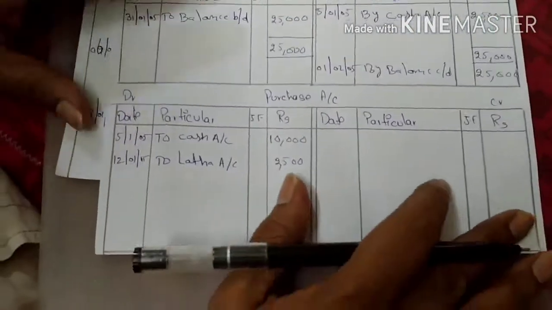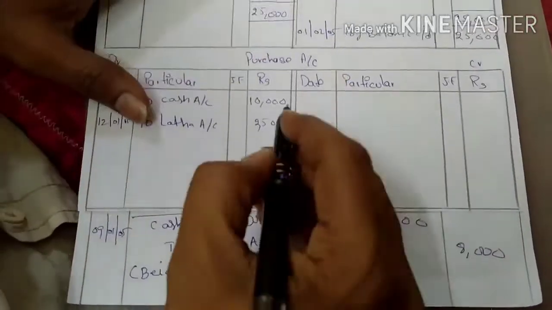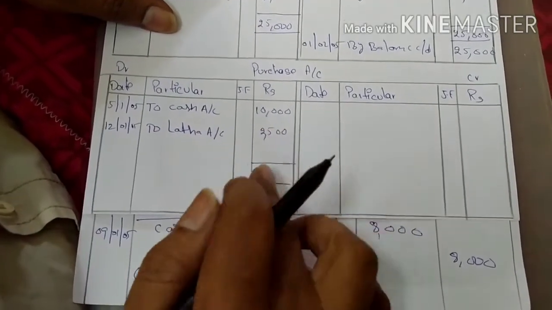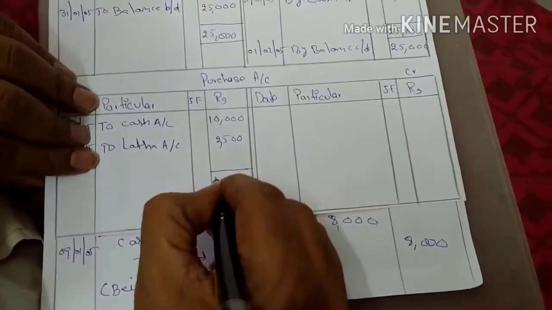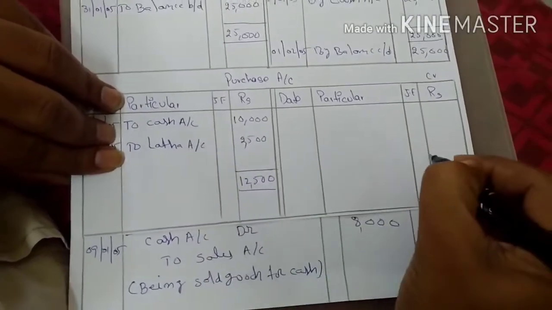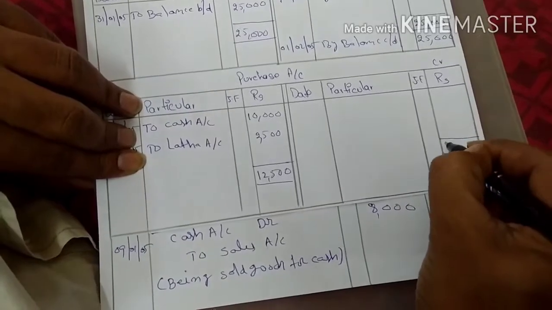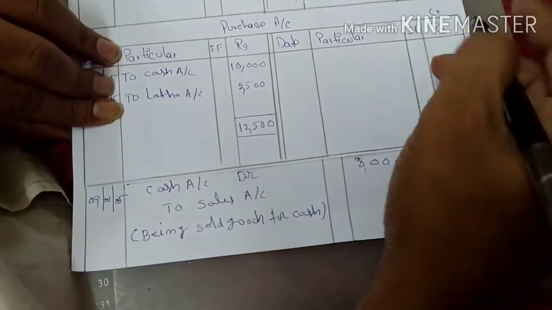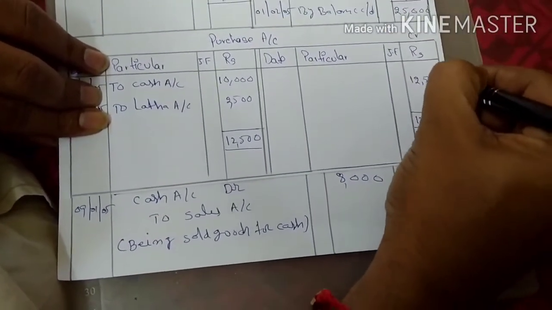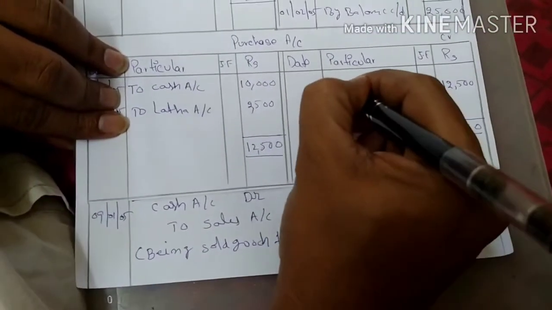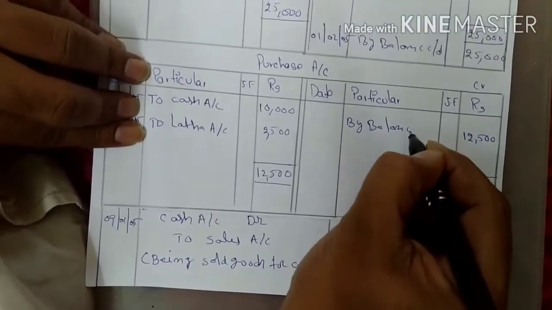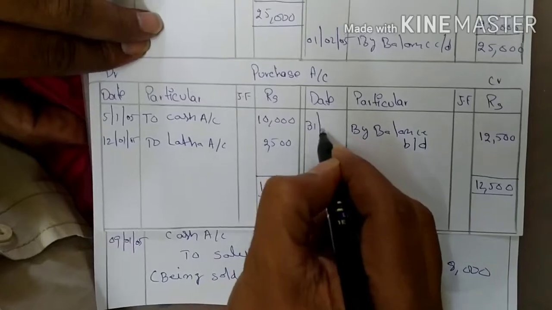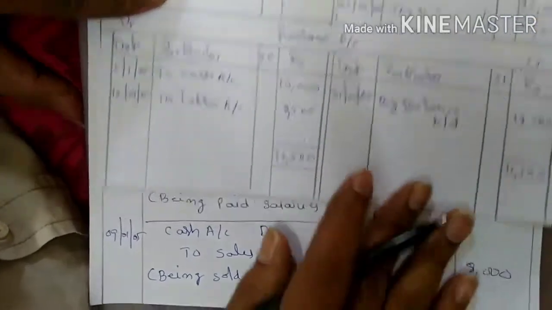So both sides' totals need to be taken. The debit side total is 12,500 rupees, credit side 0. So 12,500 rupees needs to be posted on both sides. So 12,500 minus 0 is 12,500, by balance brought down, B by D. Date here, that month's last date, 31st January 2005.